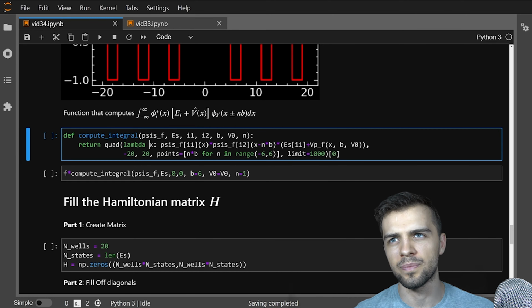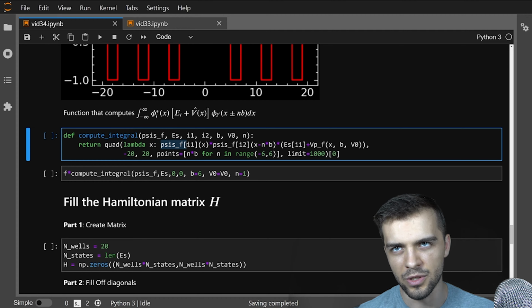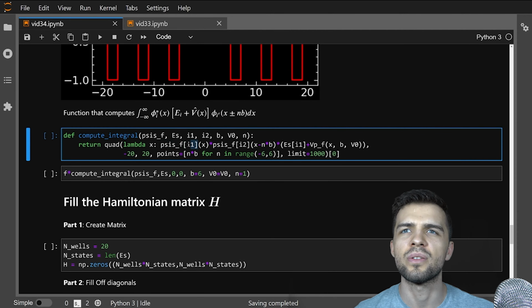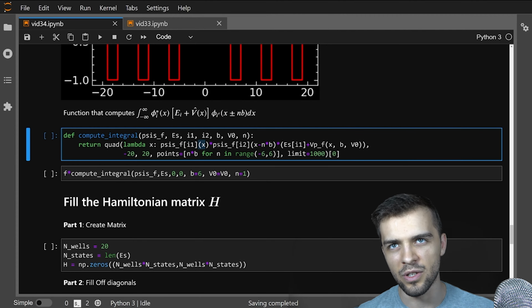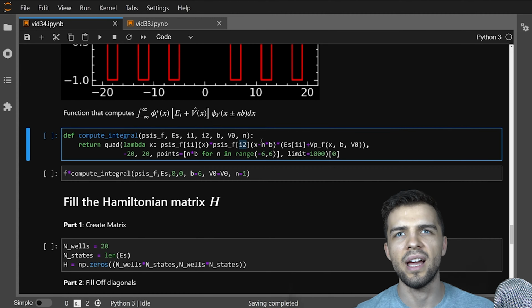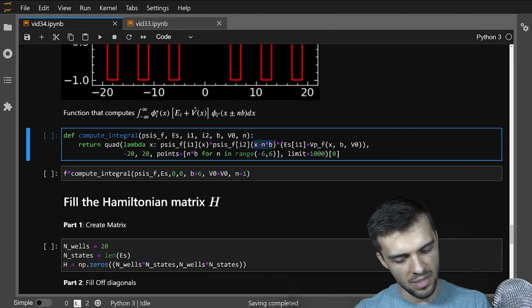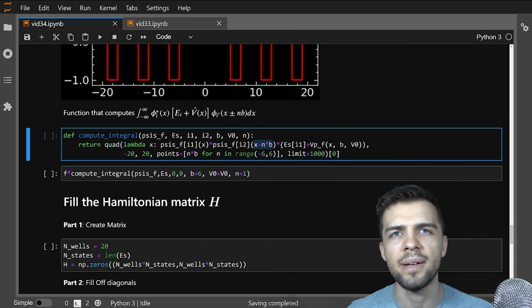Quad is just the integral, and it's the integral of this function lambda x, while I have my psi function, the first index, so that's like I1 here. Instead of I and I prime, I use I1 and I2. So here's psi I1 of x, that's this function, times this function here, psi of I2, so this is like I prime, the I2, x, and I use minus NB. It doesn't matter, it's going to give the same result either way.